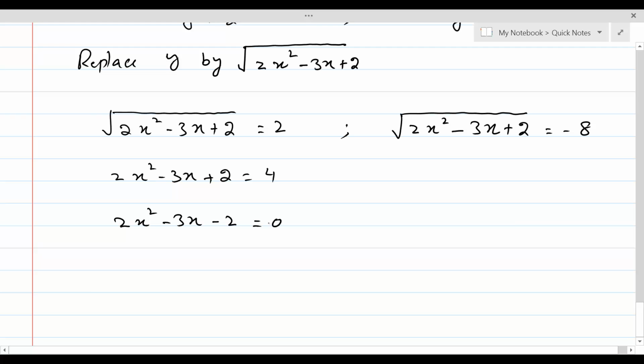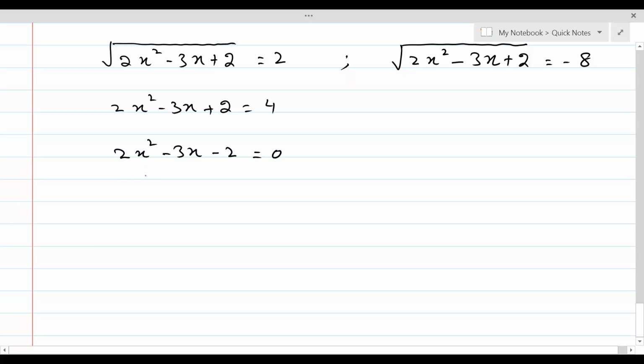And now we can find solutions for this. Because AC is negative, we need to find factors of 4 whose difference is equal to 3. Instead of writing 3, we'll write 4 minus 1. 2x square minus 4x plus x minus 2 equal to 0.